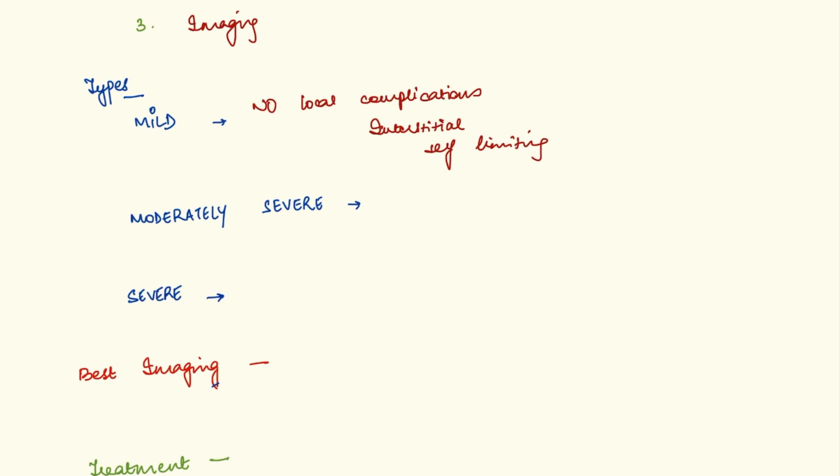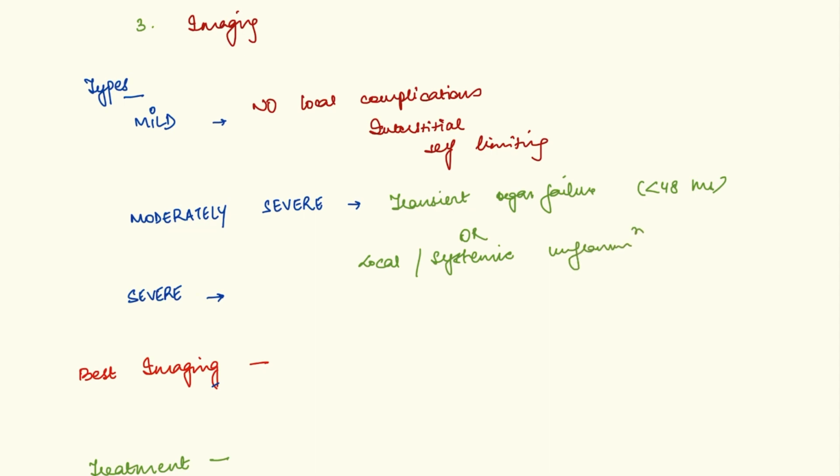Then moderately severe: there will be transient organ failure, for a few hours, less than 48 hours, or there will be local or systemic inflammation in absence of organ failure.